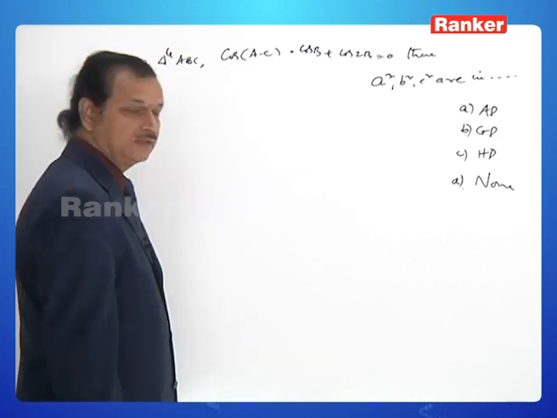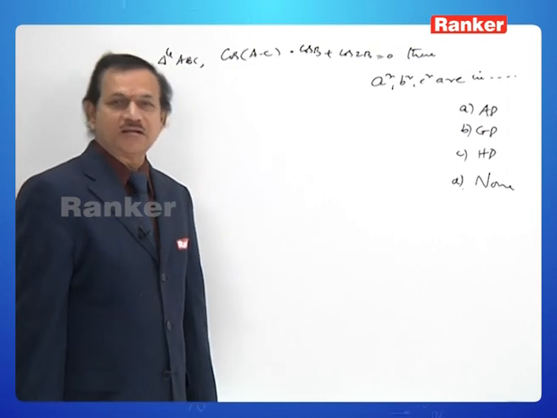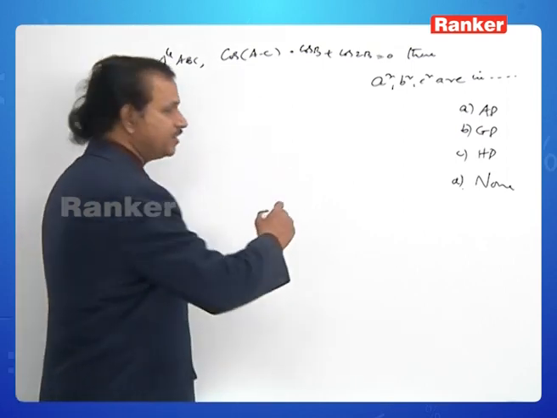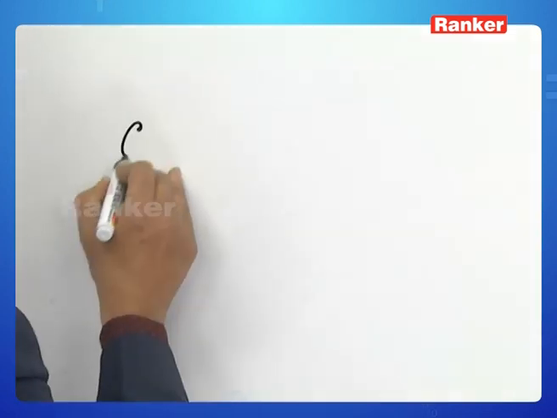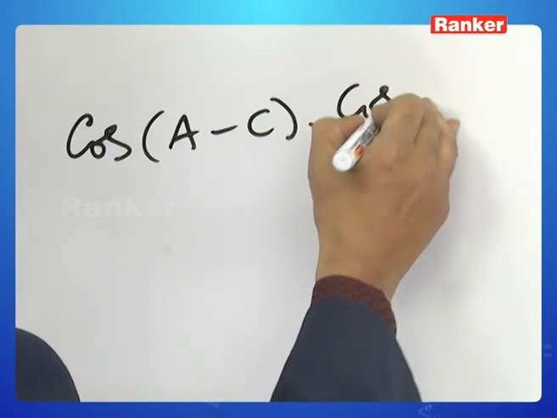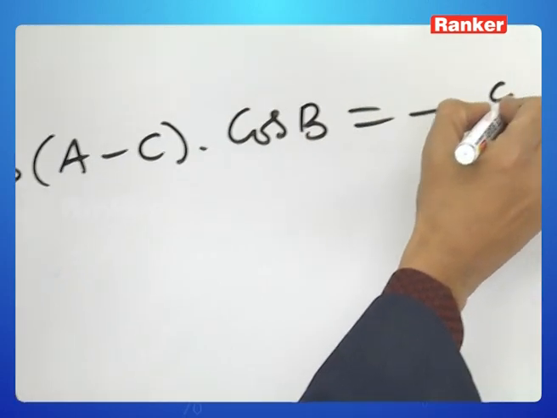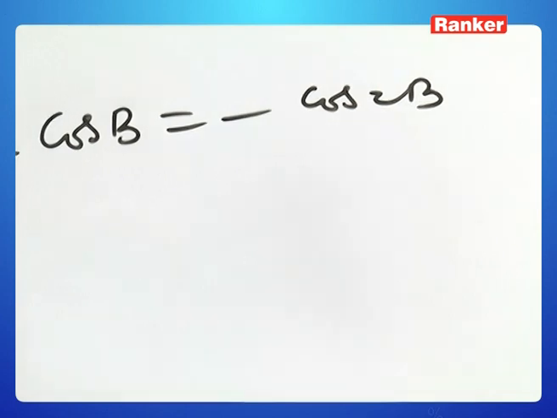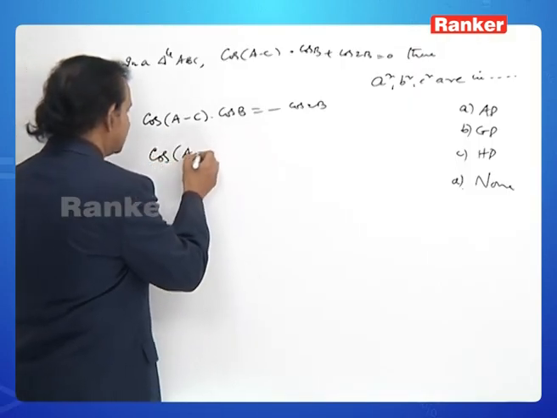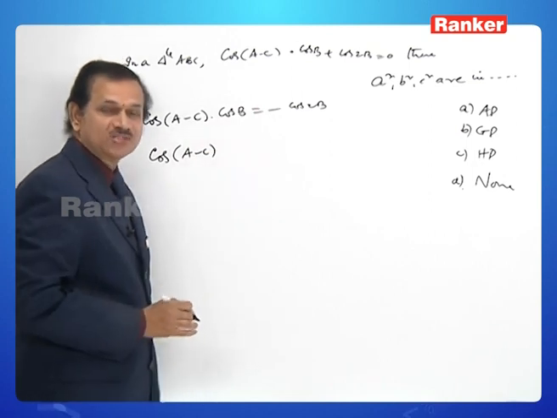Okay, let us start from the condition which has been given in the data. What is the condition? Cos of A minus C into cos B is equal to minus cos 2B. Therefore, cos of A minus C into, what is cos B?